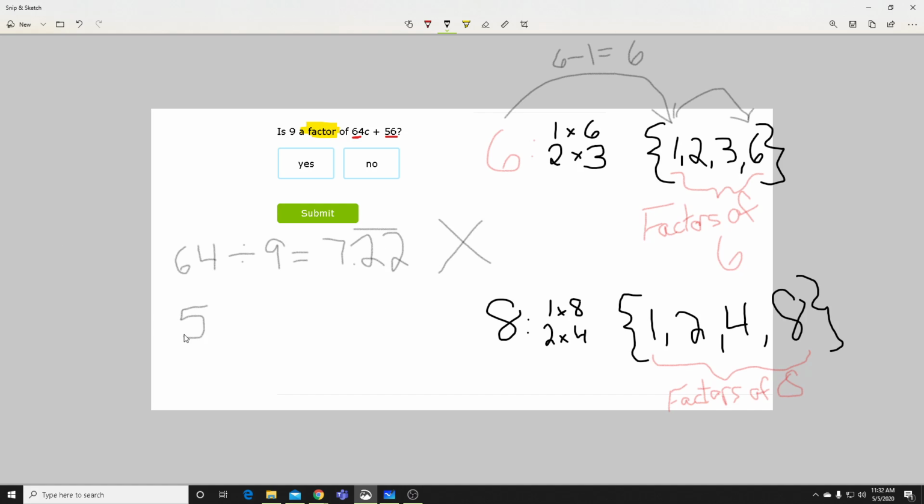You don't have to try out the other one at this point, but does 56 divide by 9? We know that 8 times 7 is 56. So no, 56 doesn't divide by 9 either, this wouldn't work. A little bit of a brain fart there. So neither of these work. So 9 is not a factor of 64c plus 56.